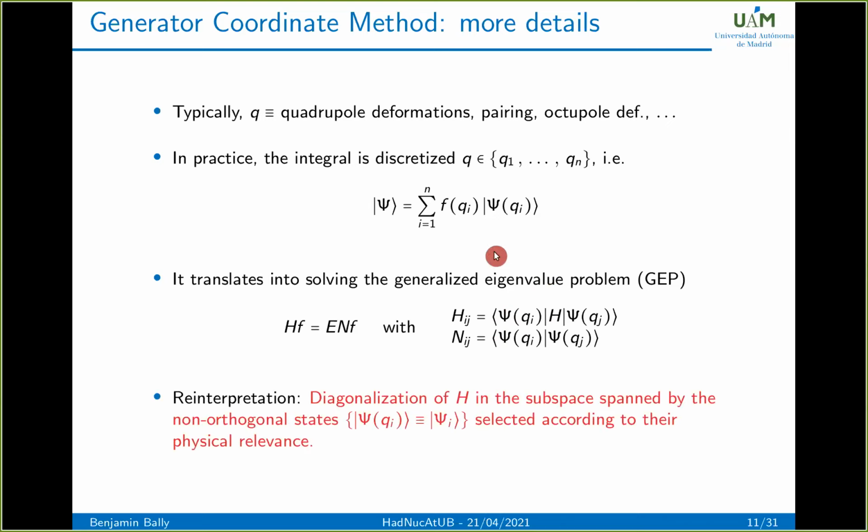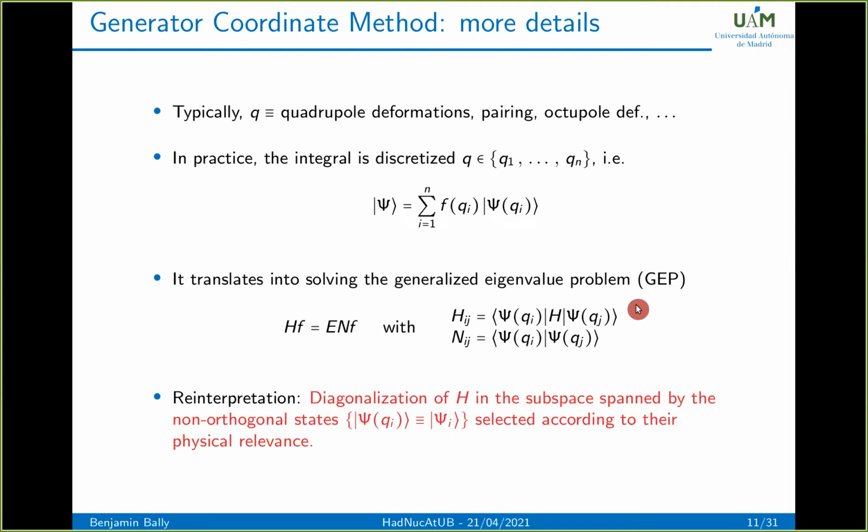And in a sense, if you want to view things from a more general perspective, if you accept this sum as a general ansatz rather than the pure continuous integral, you can think of the generator coordinate method as a diagonalization of the Hamiltonian in a certain subspace spanned by a set of possibly non-orthogonal states that you selected according to their physical relevance.